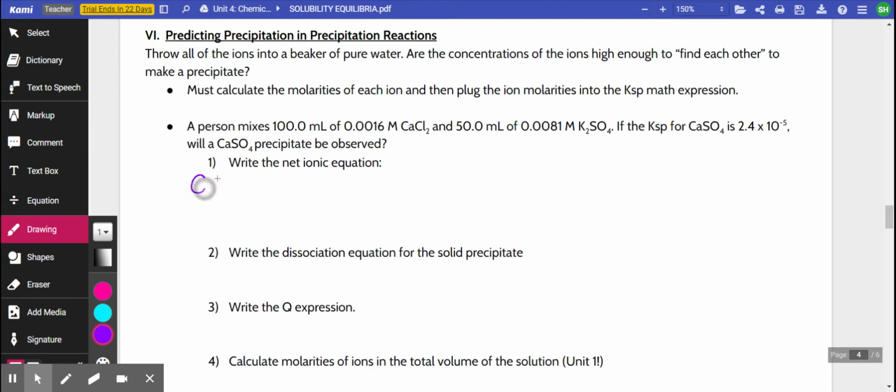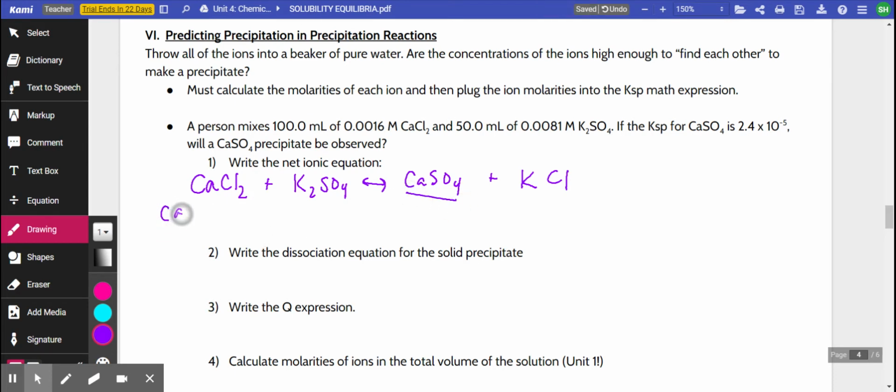I'm going to write this out molecularly first. We have calcium chloride and potassium sulfate, and that reacts and produces calcium sulfate and potassium chloride. So this is our precipitate that's forming.